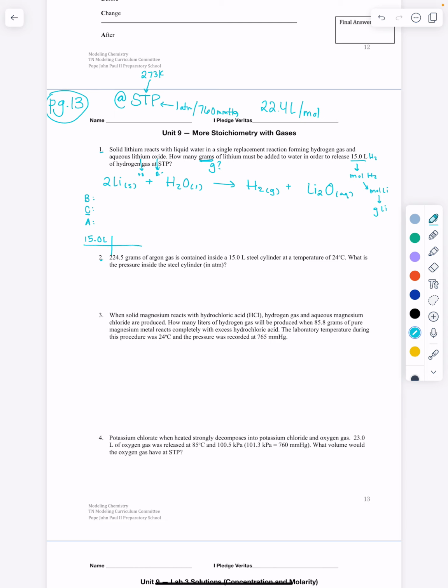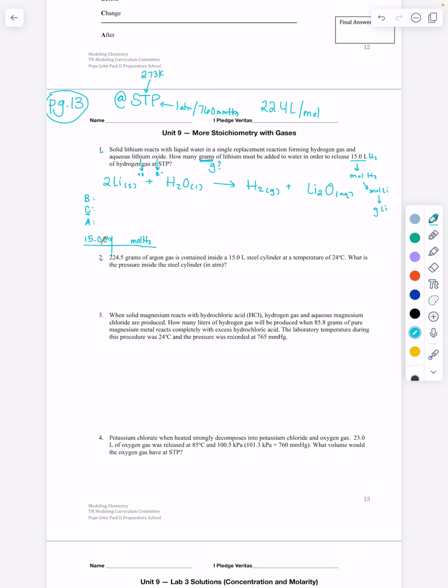And we're going to use our T-chart, or you can also write it just as, I've heard this called train tracks, or whatever works for you. I like the T-chart just because it looks neater. So you have 15 liters of H2. Make sure you always have your units and then the element that you're working with. So we have 15 liters of hydrogen gas, and we want to end up at moles of hydrogen gas. And so we need these liters to cancel out.